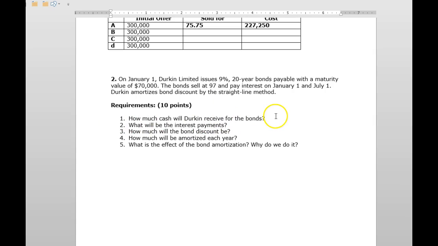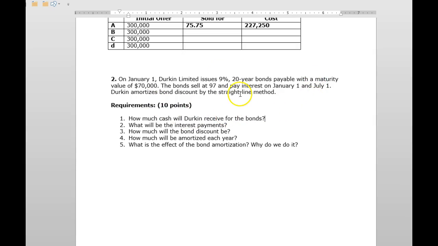So, how much cash will Durkin receive for these bonds? Well, let's see what they sell for. 97? So take 97 times that 70,000, and you'll come up with how much cash they receive. And then what will be the interest payments? You have to remember, even though I just received a portion of the 70,000, I'm still going to pay 9% on the 70,000, and I'm going to pay it every 6 months.